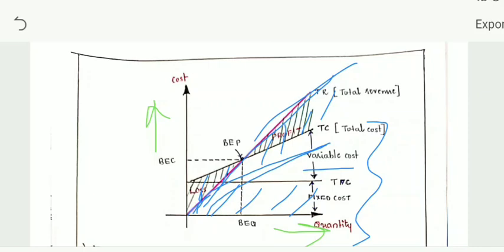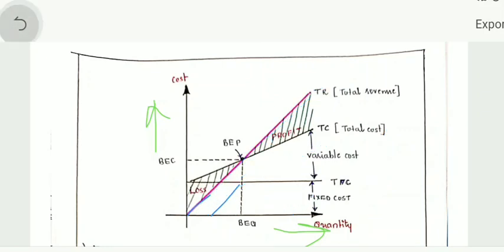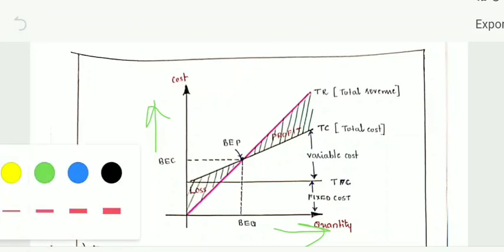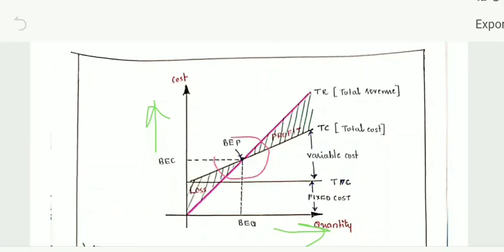So this point exactly, just to make it clear, is called the break even point. Why?